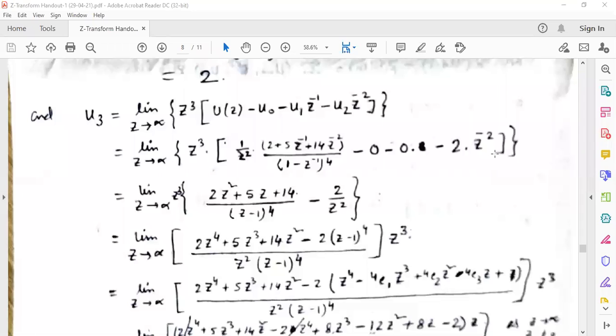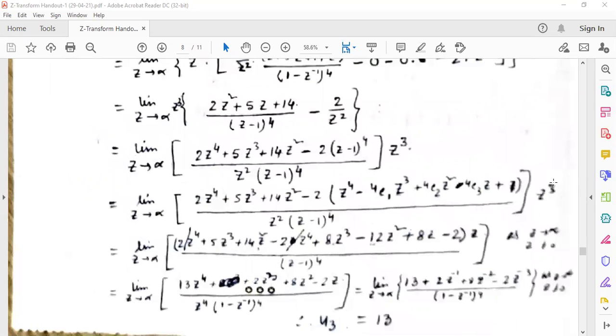Now after taking the LCM, that is z square into z minus 1 whole to the power 4, this part will be multiplied by z square, then it will be 2z to the power 4 plus 5z cube plus 14z square minus 2 multiplied by z minus 1 whole to the power 4, this into here it is z cube.